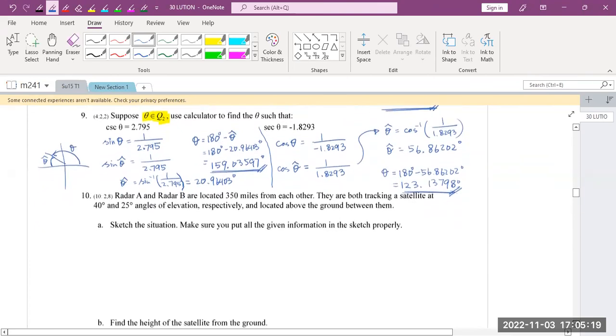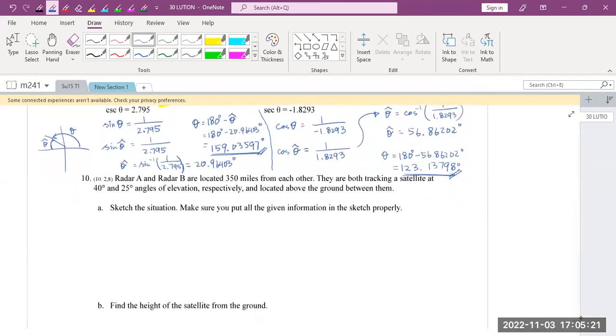Number 10. Radar A and B are located 350 miles from each other. They are both tracking a satellite at 40 degrees and 25 degrees angles of elevation respectively, and located above the ground between them. So let's see first.